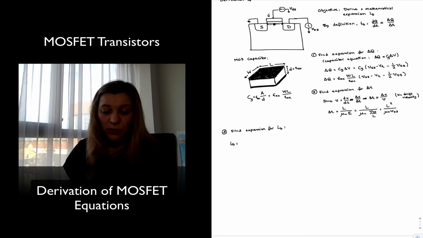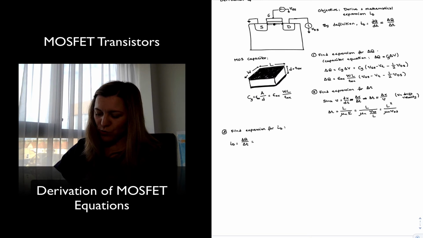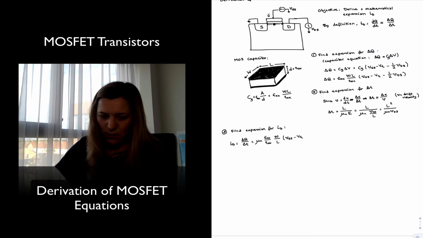And we're simply going to take the ratio of delta Q to delta T. And based on those two expressions we have gotten, if we rearrange terms a little bit, we end up with the following: mu sub n times epsilon oxide divided by the thickness of the oxide, width divided by length, VGS minus VT minus 1/2 of VDS, all that times VDS.